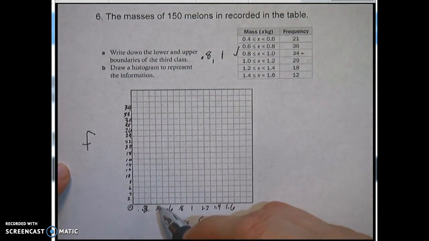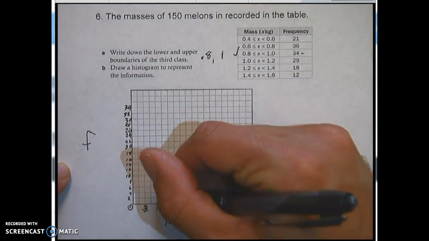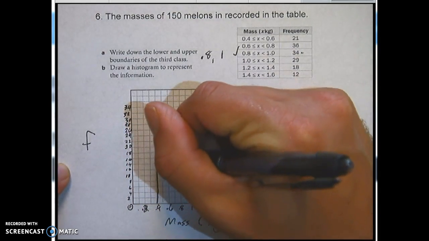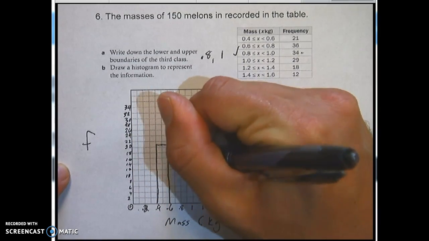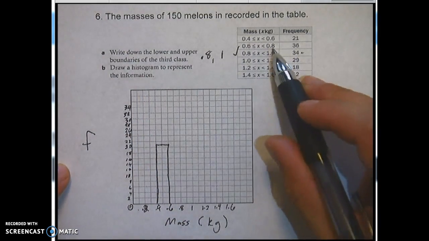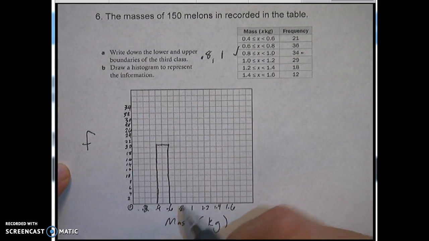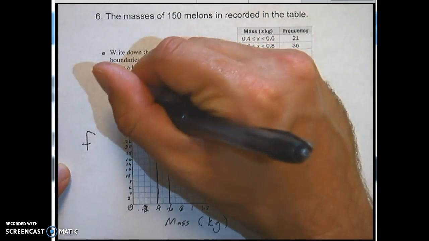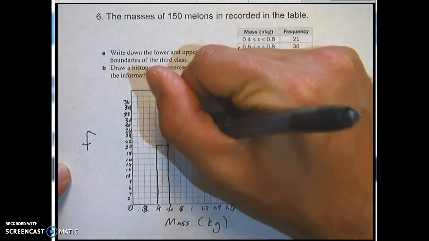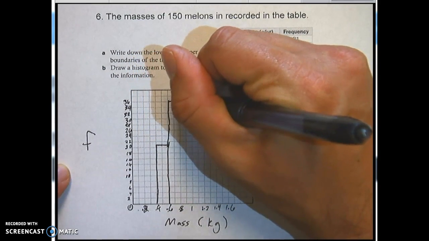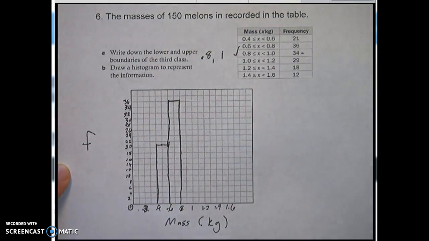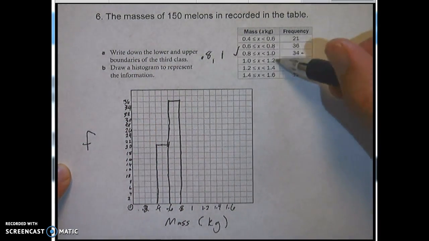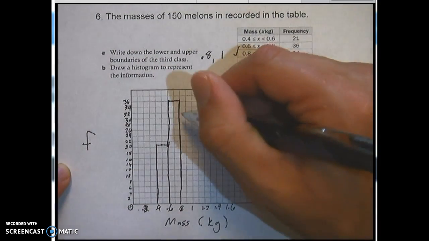So from 0.4 to 0.6, that goes all the way up to 21, which is halfway between 20 and 22. So that's the first part of our histogram right there. From 0.6 to 0.8, it's all the way up to 36. It's right up there. 0.8 to 1, it's all the way up to 34.